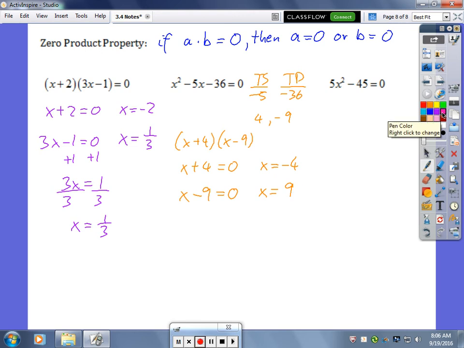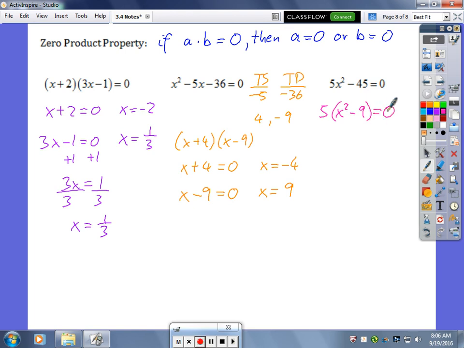And let's do our last example together real quick. 5x squared minus 45. And yes, you paid attention and you already saw that there's a greatest common factor. The greatest common factor is 5, which leaves us with x squared minus 9 is equal to 0.